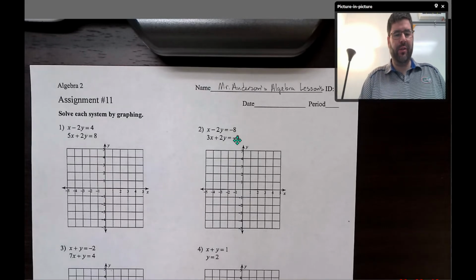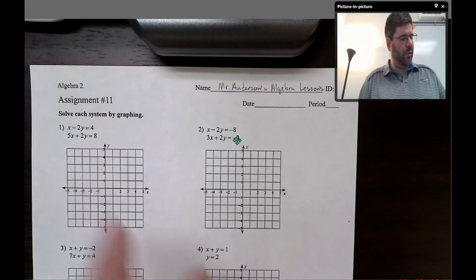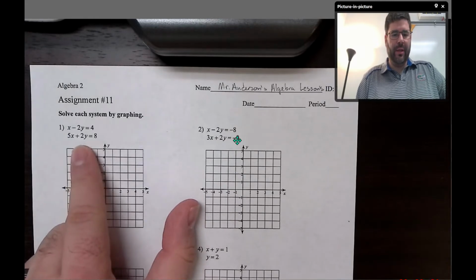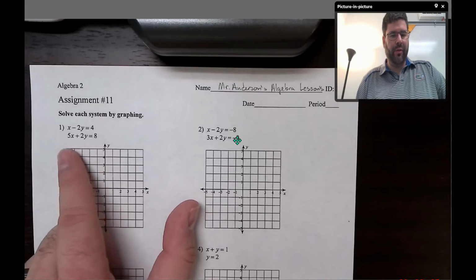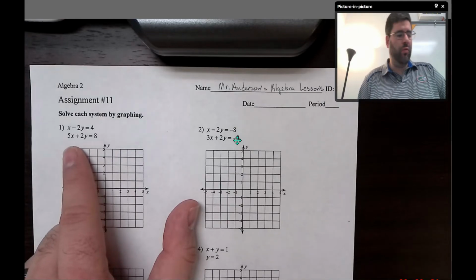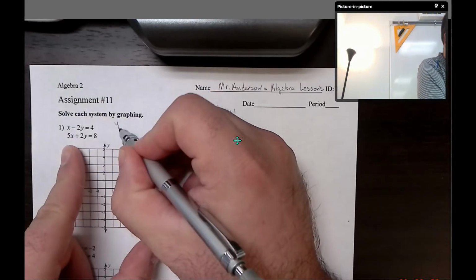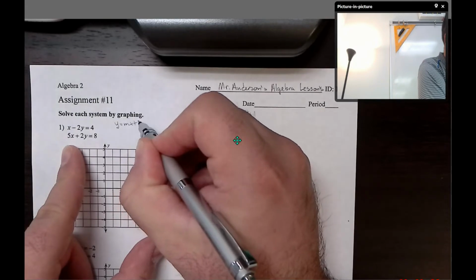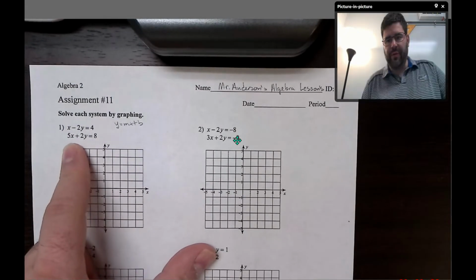Today we're going to take a look at how to solve a system of linear equations by graphing. And it looks like the ones we're going to be looking at are not in slope-intercept form. They're in standard form, where you have both variables on one side, and you're going to have to turn them into y equals mx plus b first, which is a little bit easier for you to graph.